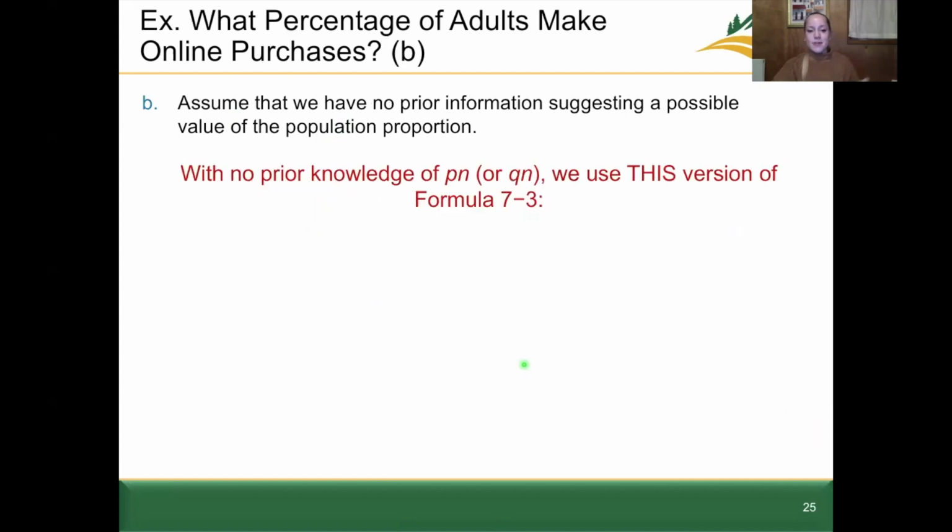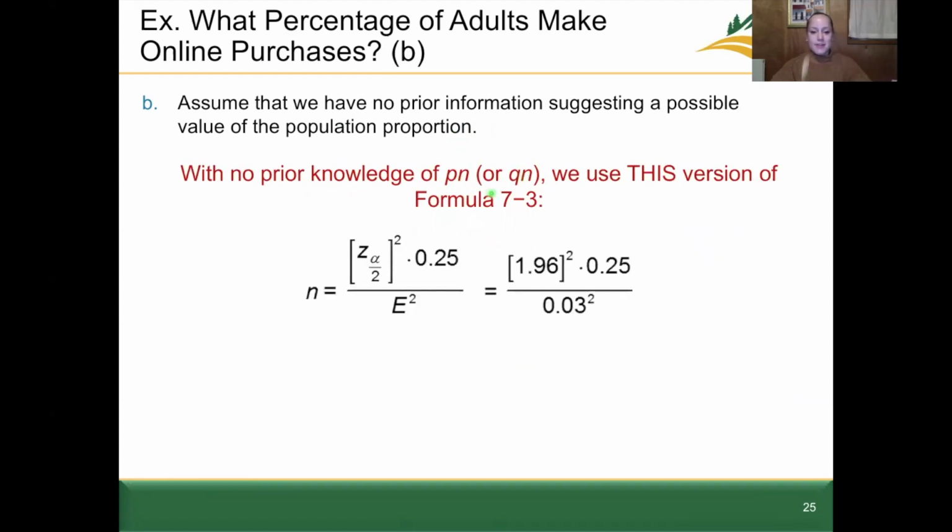So again, in other words, we have, quote, no prior knowledge other than our margin of error value, or E, and other than the 95% confidence interval, because from that is where we got our Z subscript alpha, or our critical value. We also weren't given anything else in the question that would allow us to solve for p or solve for q. So here's our formula again.